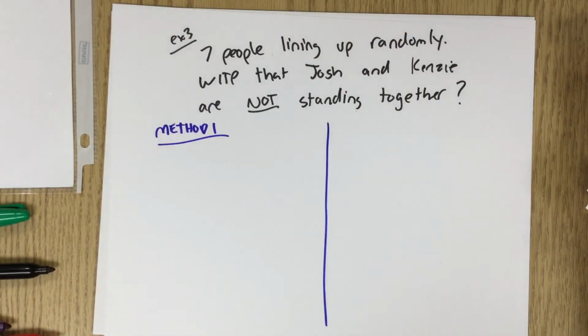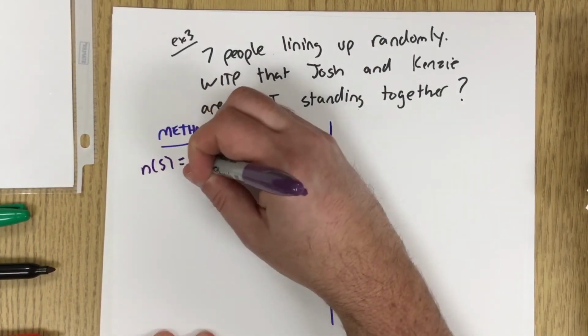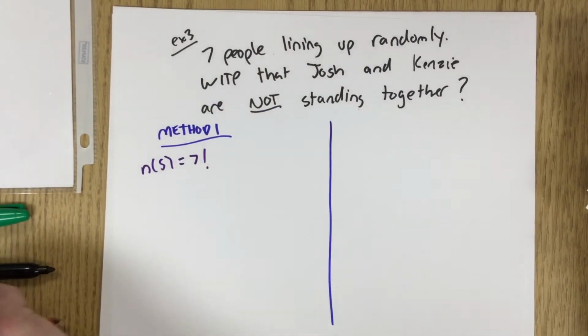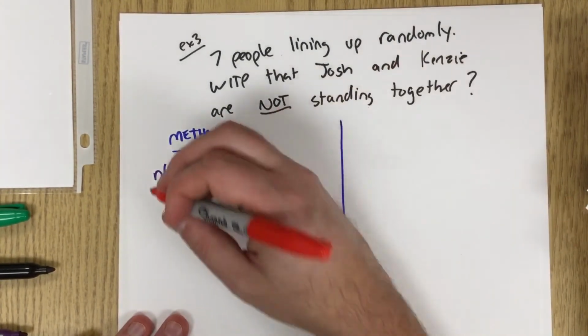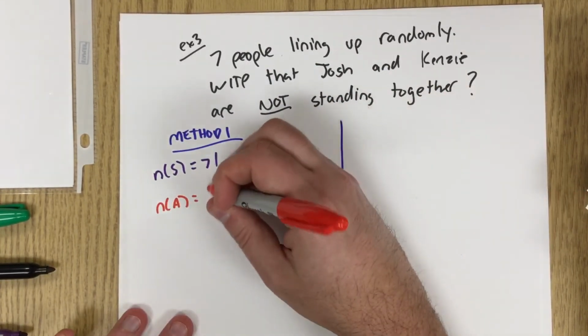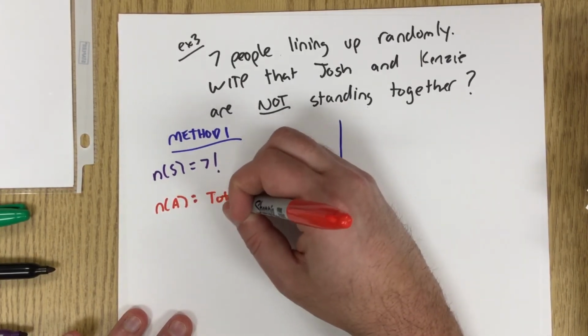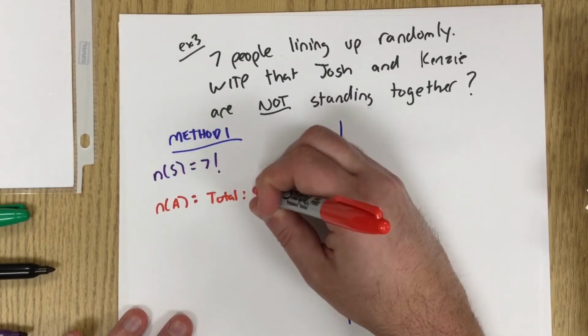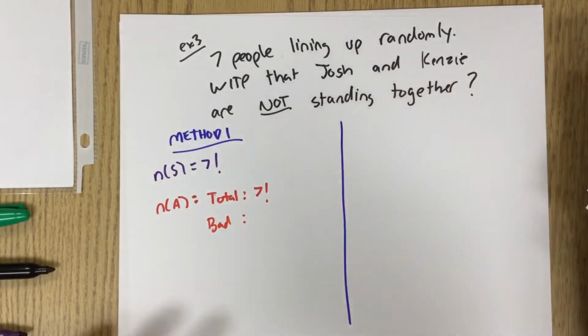So method 1 is that we're going to say, okay, the NS is still 7 factorial, nothing very exciting about that. For the NA, we want them to not be together. So what we're going to do is a good equals total minus bad thing. So we know the total is 7 factorial. We know the bad ones are them standing together, and we know from before that there's 2 times 6 factorial ways of them standing together.